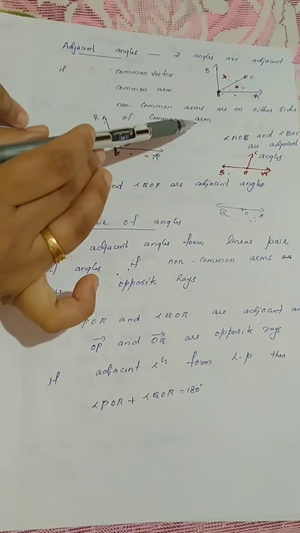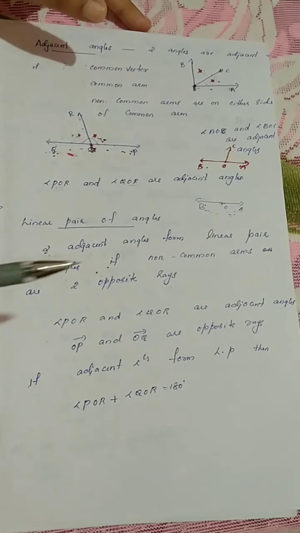These two angles have a common vertex O, also have a common arm ray OR, and these two non-common arms, ray OP and ray OQ, lie on either side of this common arm. So we can say that angle POR and angle QOR are adjacent angles.